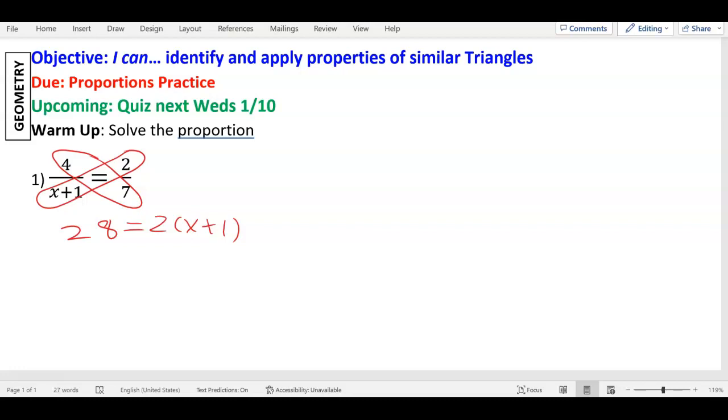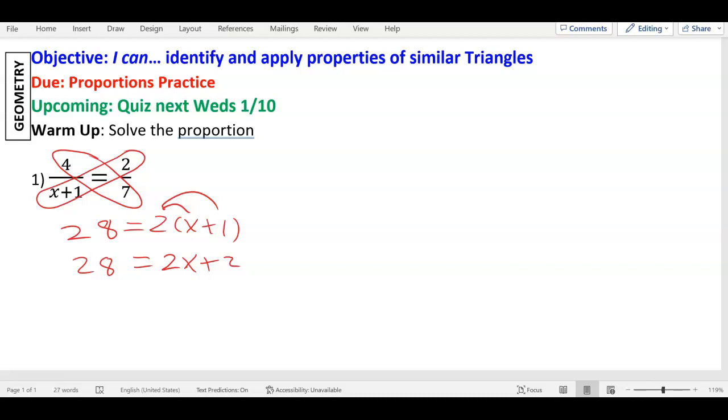Now, 2 times x and 2 times 1, okay? What's 2 times x? And 2 times 1, 2. Okay, so 2x plus 2 over here, bring down 28. And then we want to solve for x, okay?